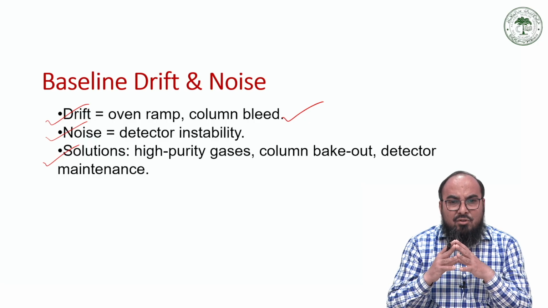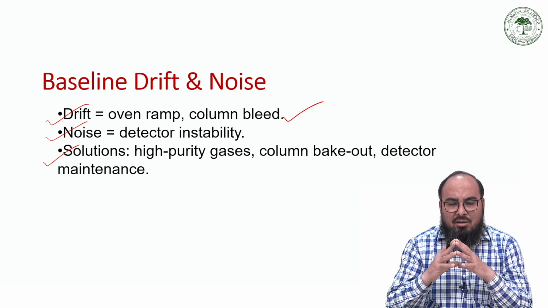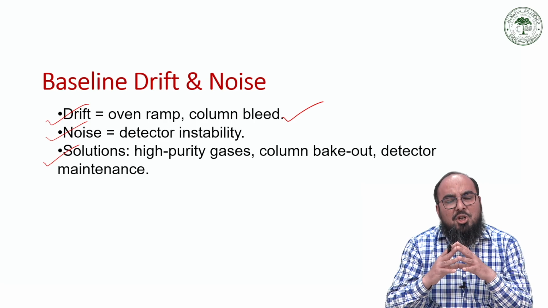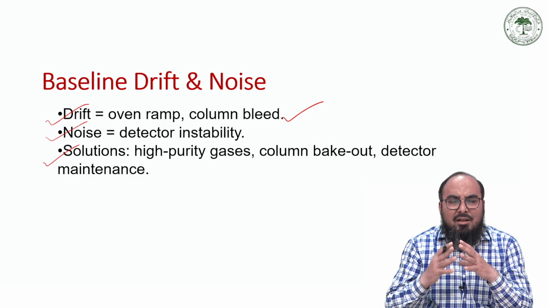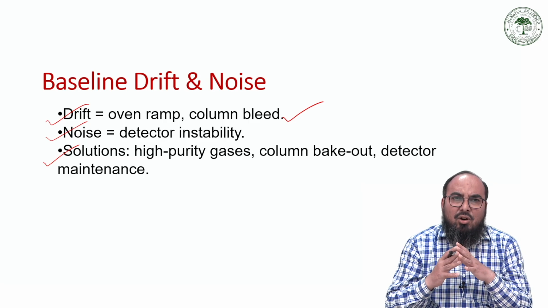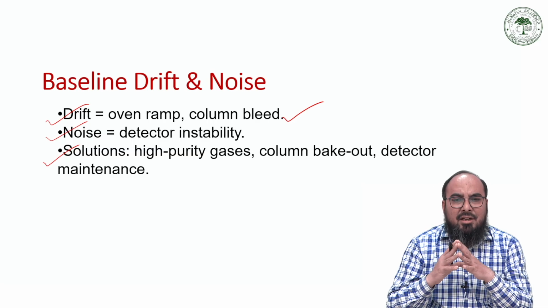Similarly, you have to check for the column bakeout, that is, whether your stationary phase is intact or not, whether the volume which you have loaded on the stationary phase is equal to the earlier amount or not, or whether some of the stationary phase is wiped out with time, that is, whether the thickness is maintained or not.